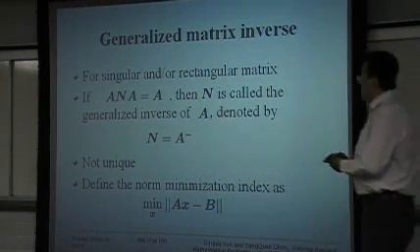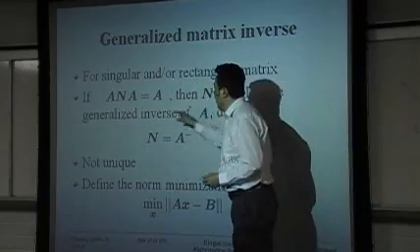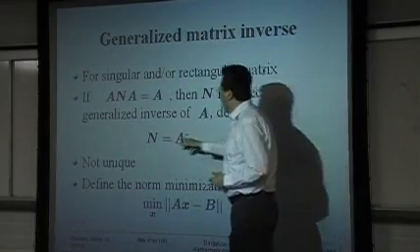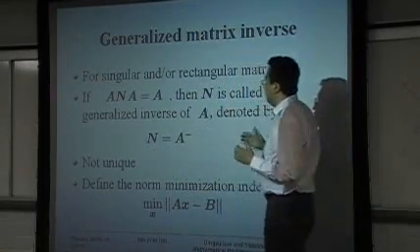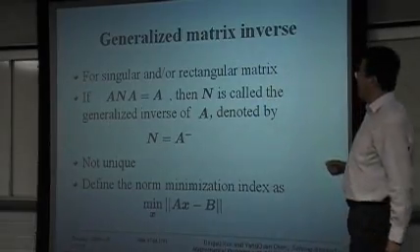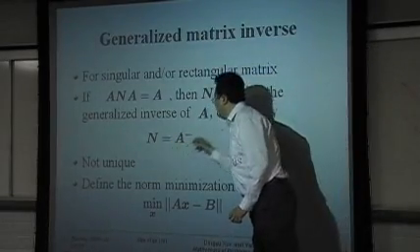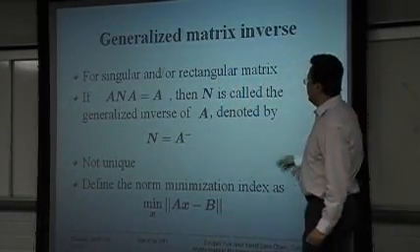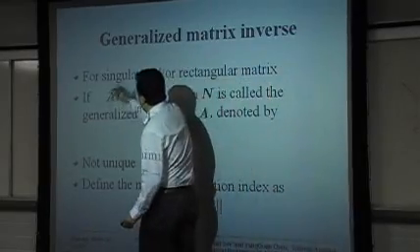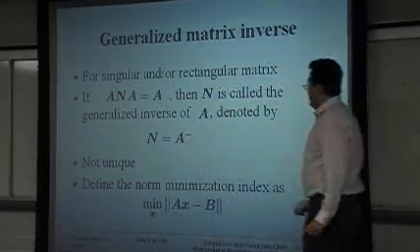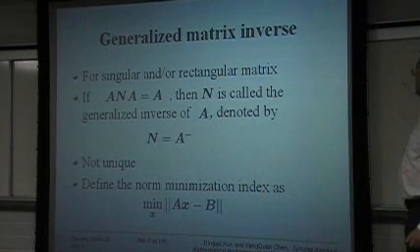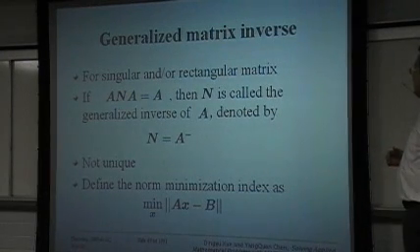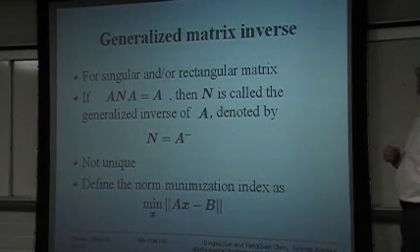And if you are trying to solve this kind of problem, you may find that n is not unique. We may have an infinite number of n satisfying this kind of condition. And among this infinite number of n, which is the best n?